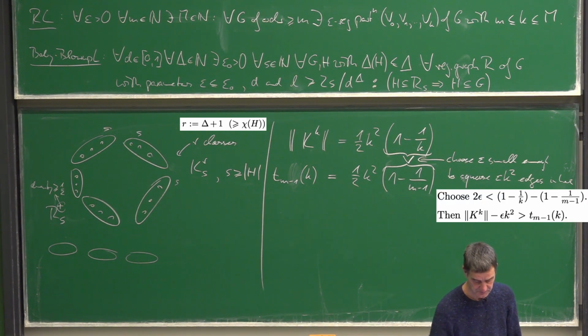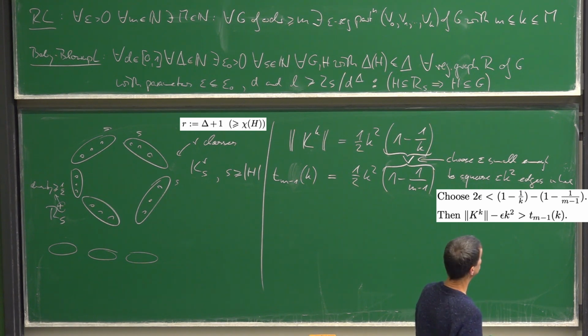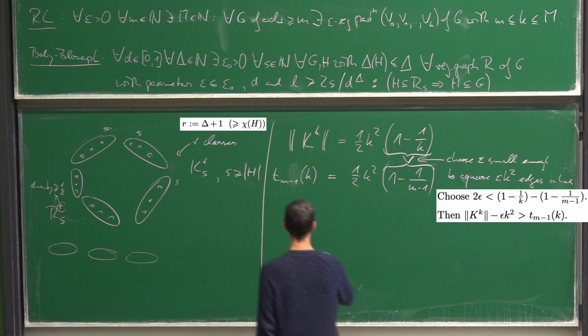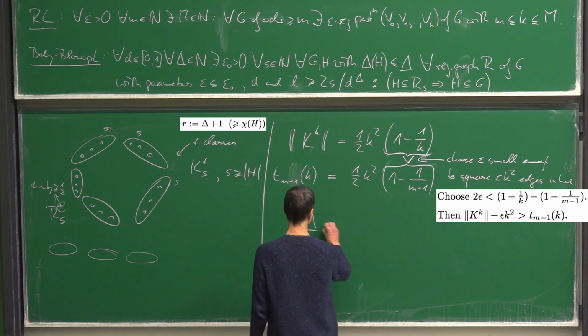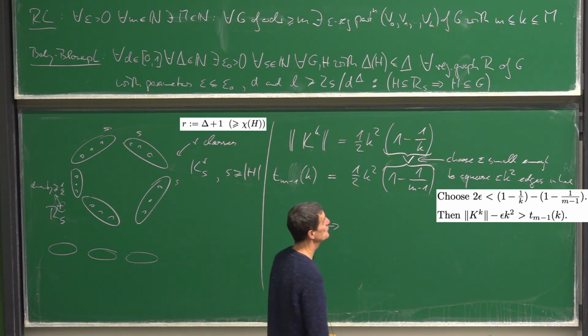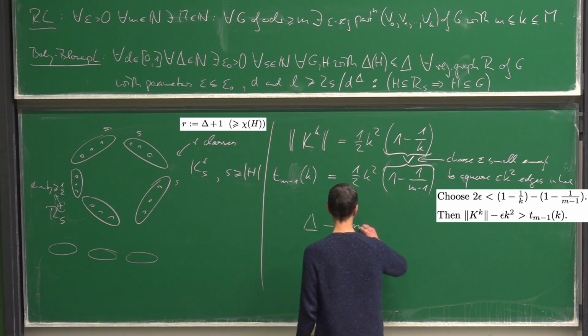So here, the way we chose these parameters was that delta informed our choice of little m, right?